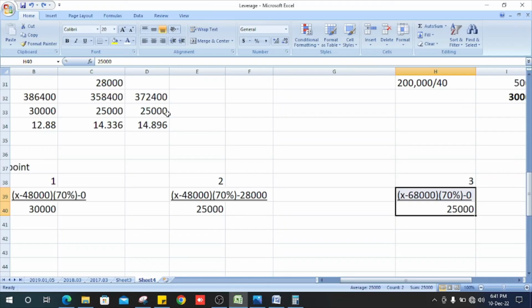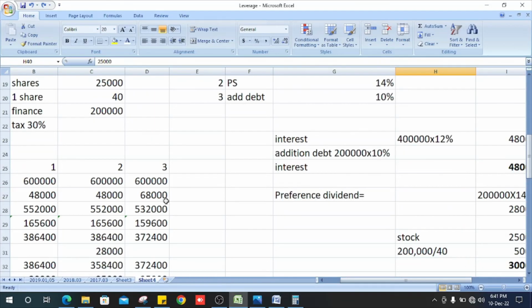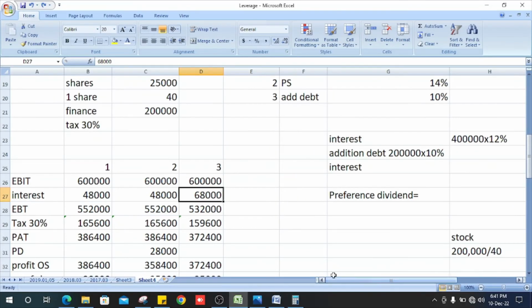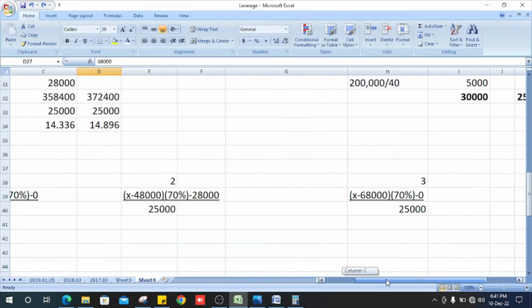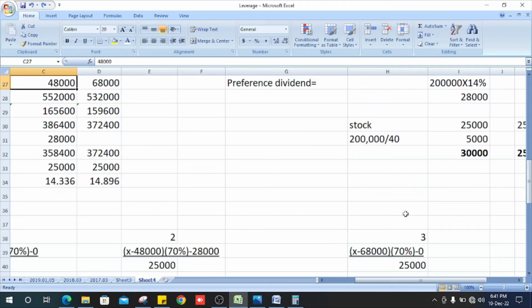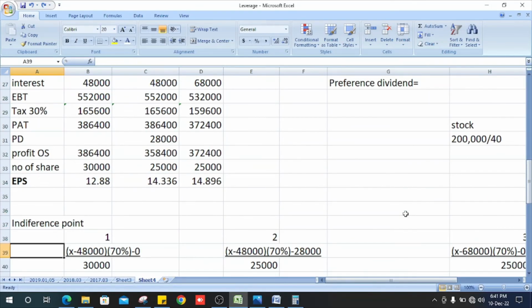And option 3, (X minus 68,000 interest) times 70%, minus preferred dividends, there are none, divided by 25,000. So we get the indifference point.